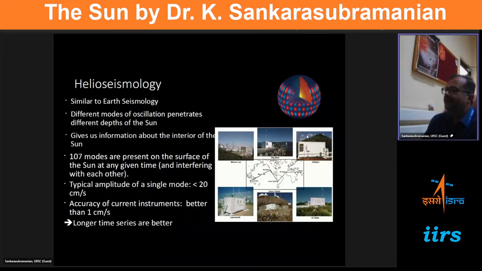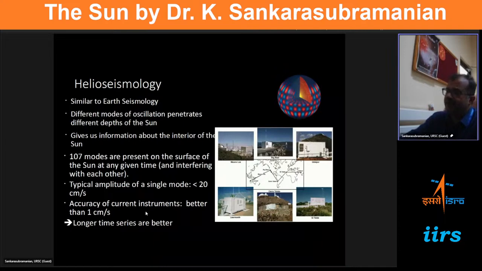We have an instrument placed at Udaipur Solar Observatory, which comes under Physical Research Laboratory, PRL, Ahmedabad. It is placed on one of the beautiful lake sites of Udaipur, and they are supporting the helioseismology observations. Continuous observation is essential for us to capture the correct frequencies of these oscillations, so that the information we get is not missed when inferring the internal details.